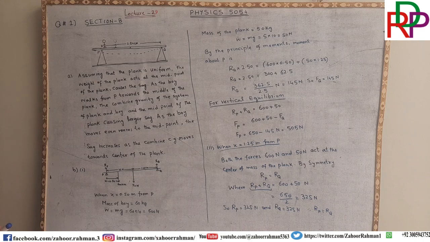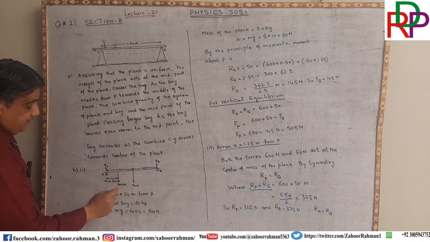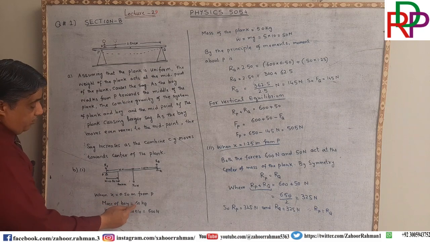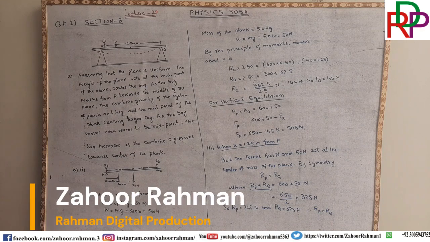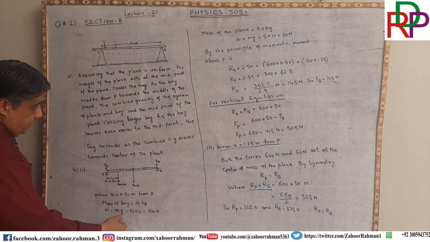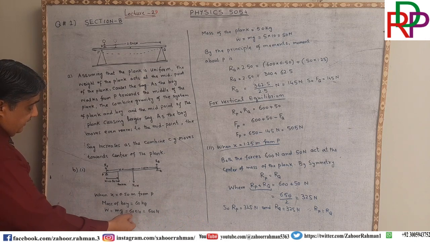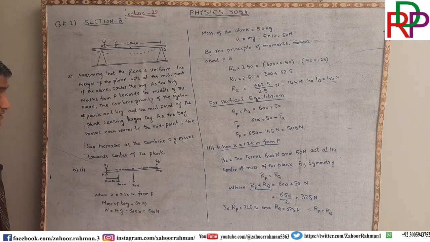Now when x is equal to 0.5 meter from P, the mass of the boy is equal to 60 kilogram. It is given to us in advance. So we are finding W is equal to mg. M is 60, and when multiplied with 10 it becomes 600 Newton.